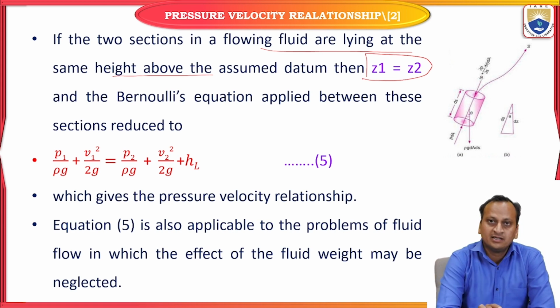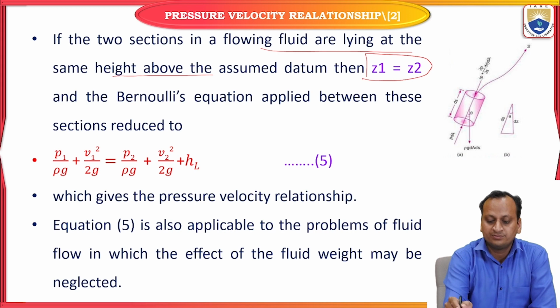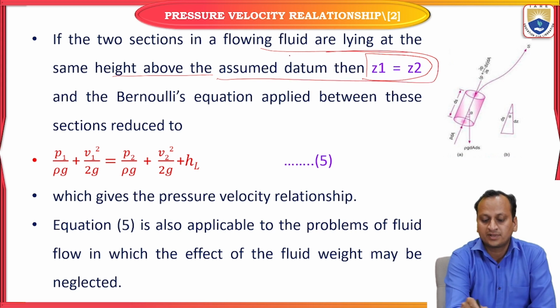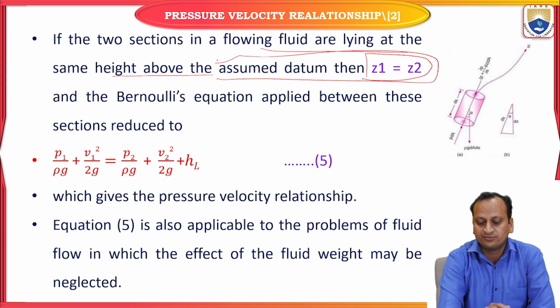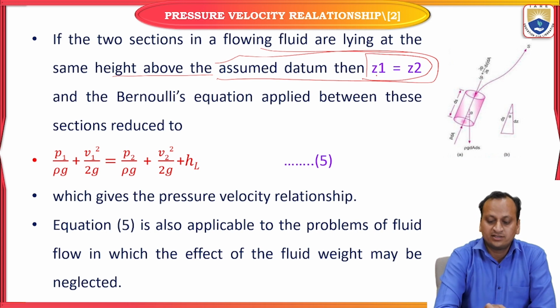If the study of a particular flowing fluid is in vertical direction, then Z1, Z2 will differ. If it is inclined also, it will differ. If the datum is horizontal from the flowing fluid, then Z1, Z2 can be equal.